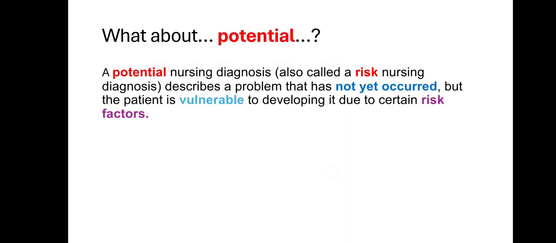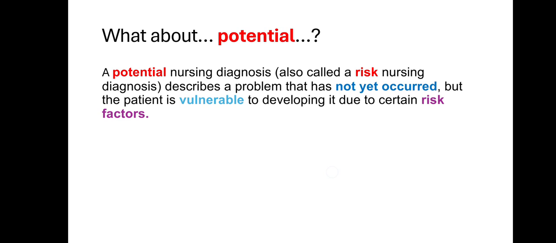So now, what about potential? A potential nursing diagnosis is also known as a risk nursing diagnosis. It describes a problem that has not yet occurred, but the person is vulnerable.